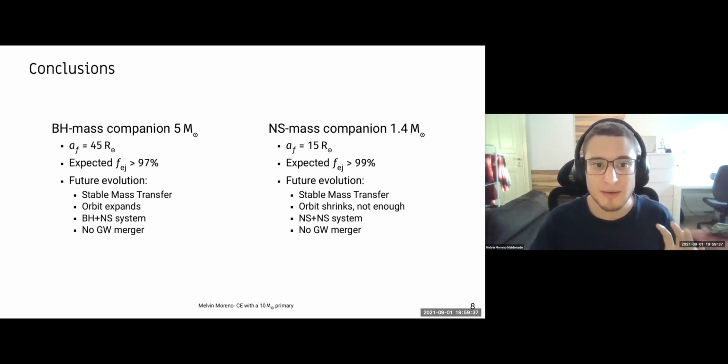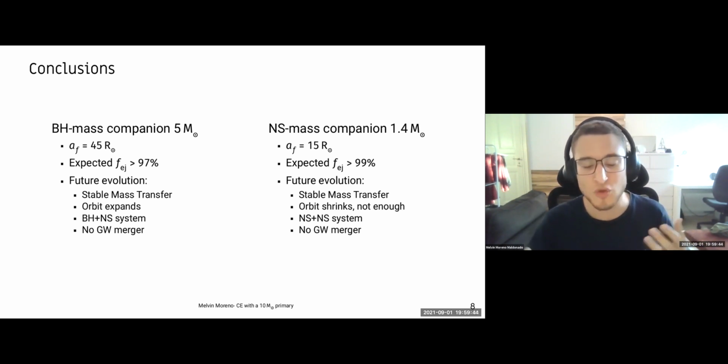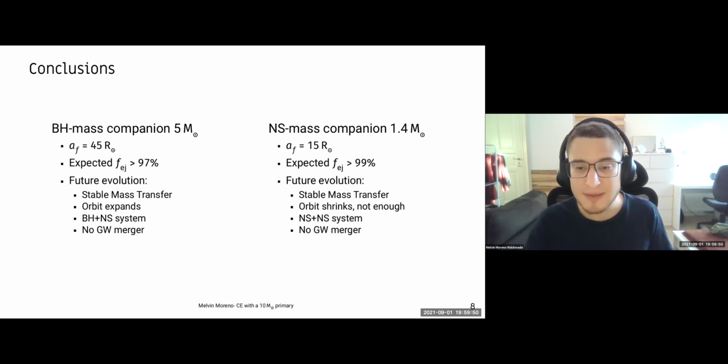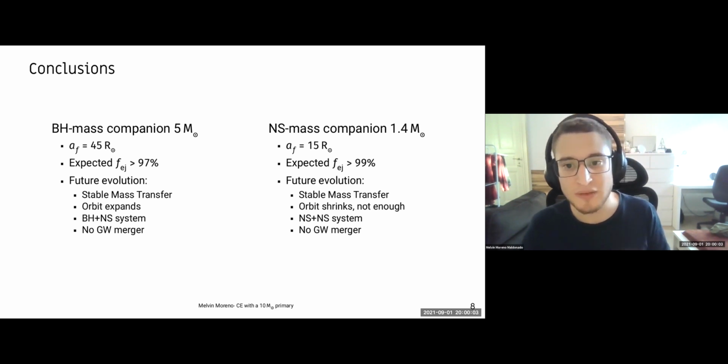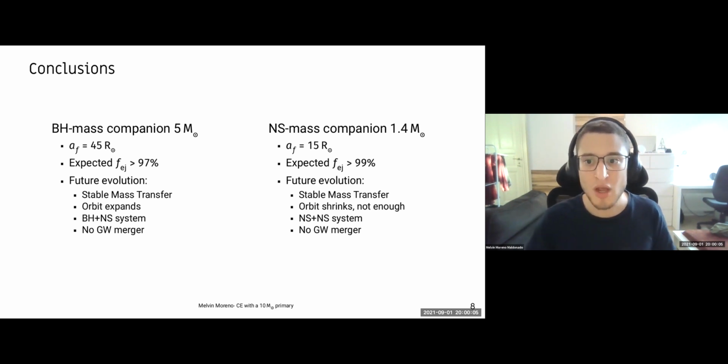But this brings it to a distance that is very wide to actually reach a merger through gravitational wave radiation. And then in the neutron star case, you also expect this stable mass transfer. In this case, the orbit will shrink, but only 30% or so, according to our estimations, which is in principle not enough to reach the range where these two neutron stars would merge.